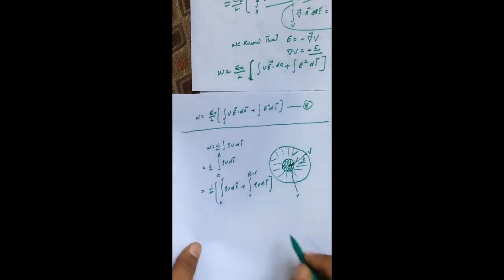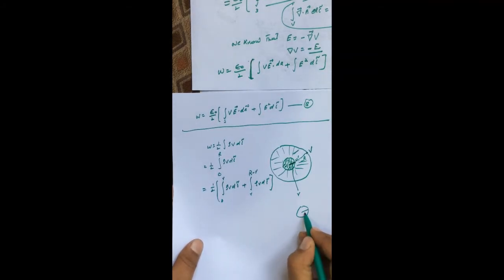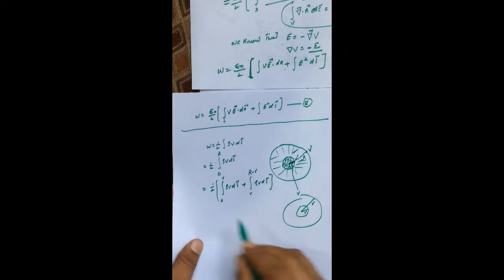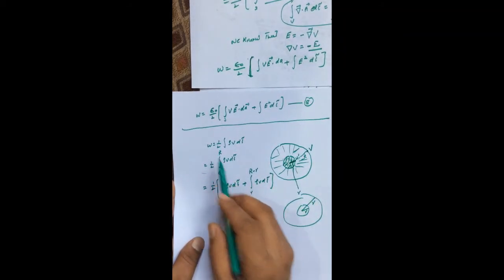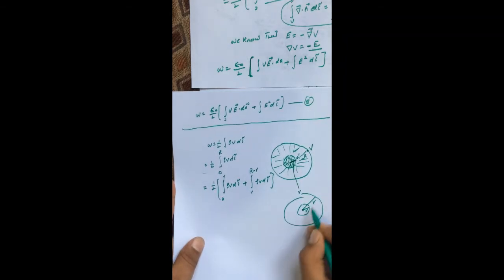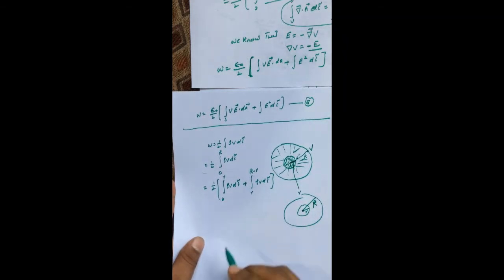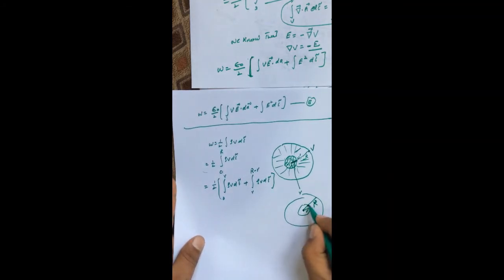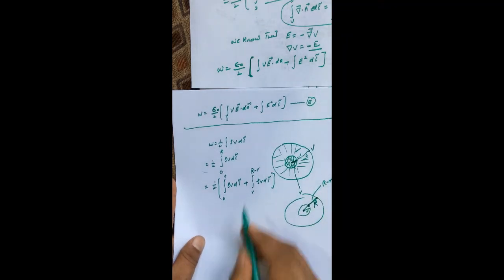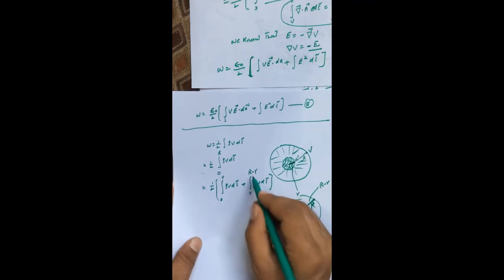We have this small volume with radius small r and this large volume with radius capital R, so the integral from 0 to capital R can be divided into two terms: first from 0 to small r, and then from small r to capital R. Now in this region from small r to capital R, rho is 0.